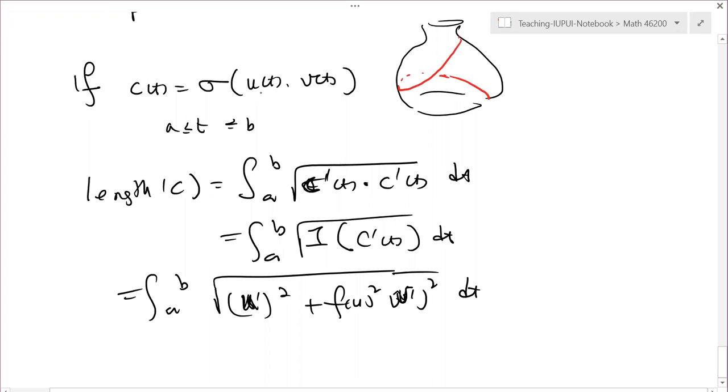If you have these two functions describing this curve on the surface of revolution, and you already know the coefficients of the first fundamental form, you can quickly get the integral for the length of the curve.